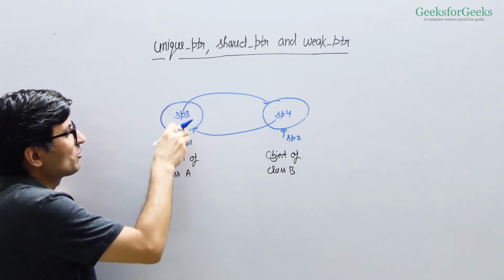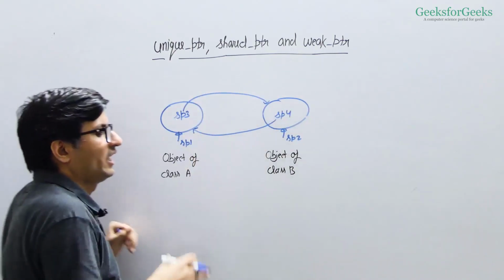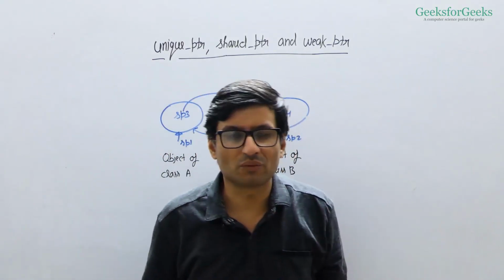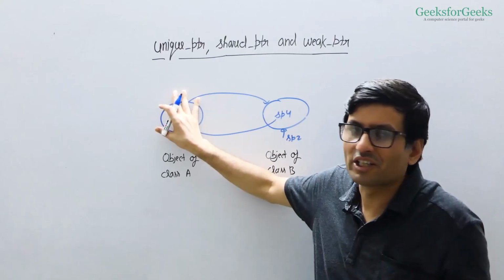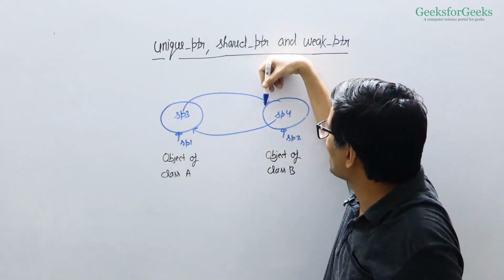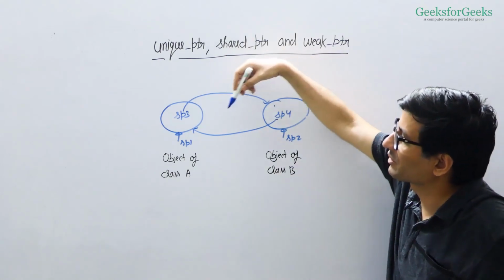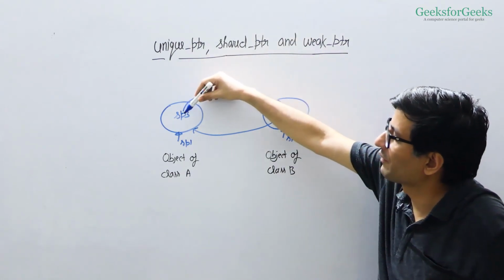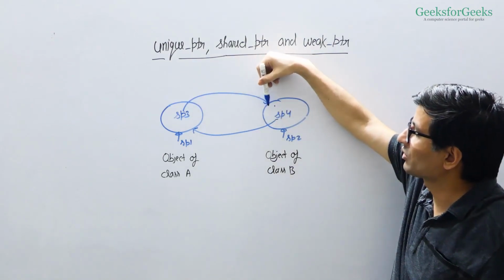Now the reference count for both the objects is 2, and we cannot delete any of the objects. If you delete this object, you can't delete it because there is a reference count from here to here. And if you try to delete this object, you can't delete it because there's a pointer sp3 which is pointing to this object.